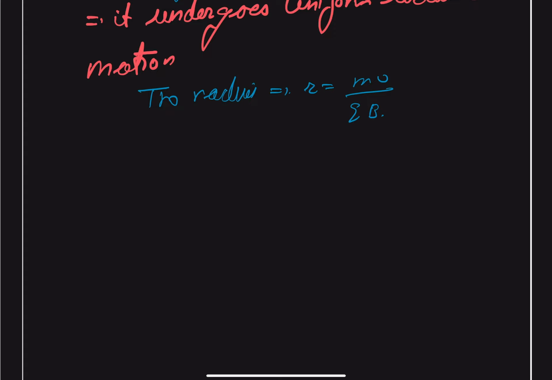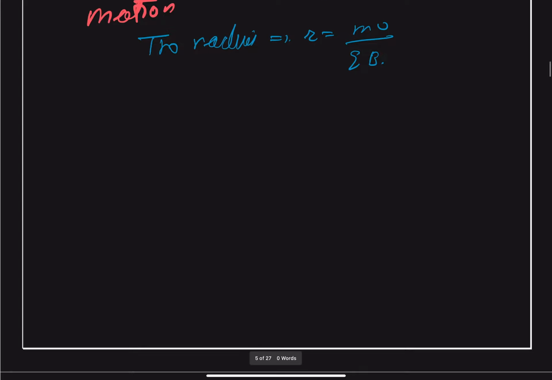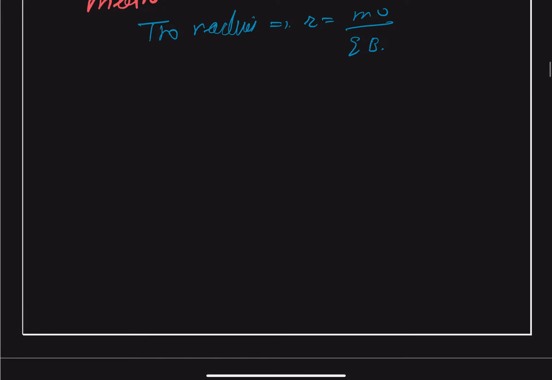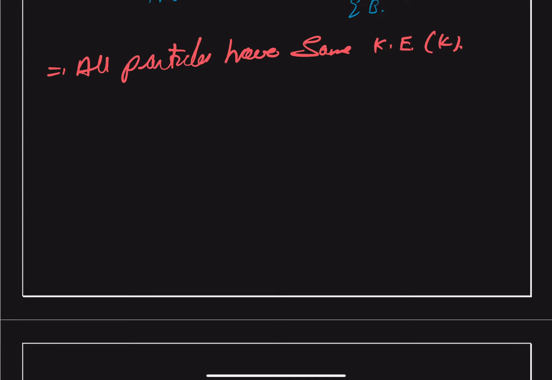And we are given that all particles have the same kinetic energy. Let us suppose it is represented as K. So we can say K is equal to half mv square. So here we can find our velocity. Velocity will be equal to the square root of 2K divided by m.